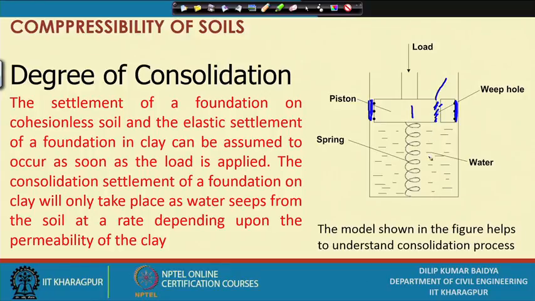When it comes out, the volume reduces, and because of this volume reduction, the piston will go down, and the pressure in the water goes to the spring. That is the way the load is finally transferred to the spring.